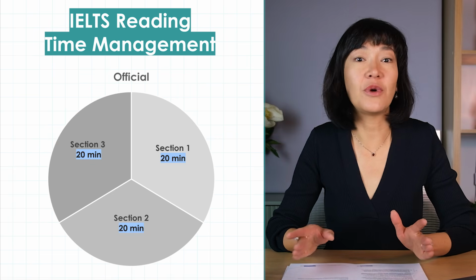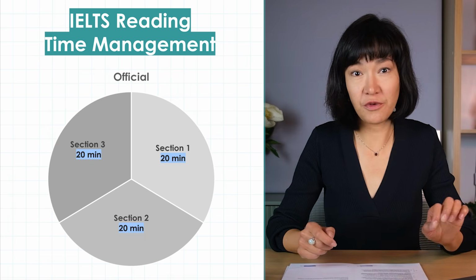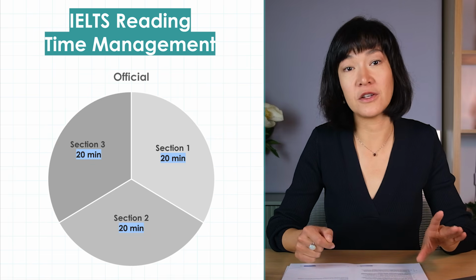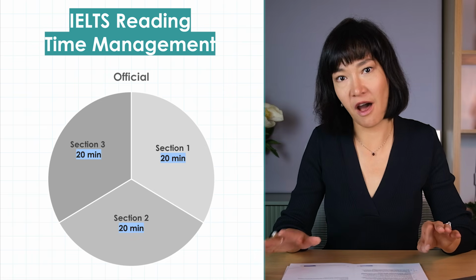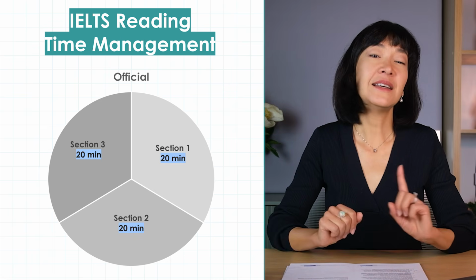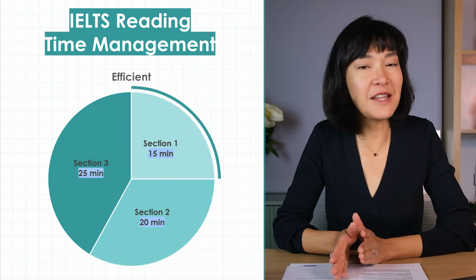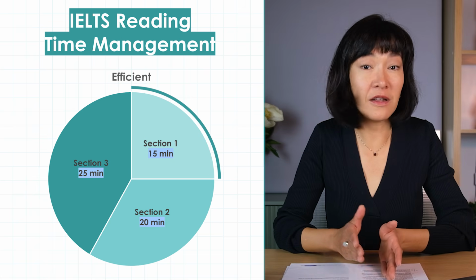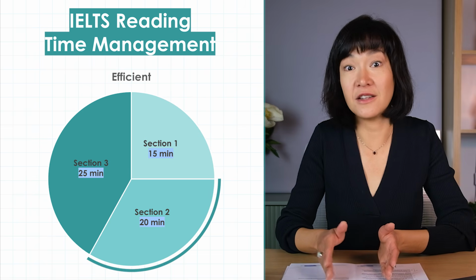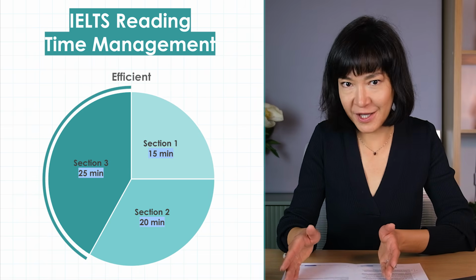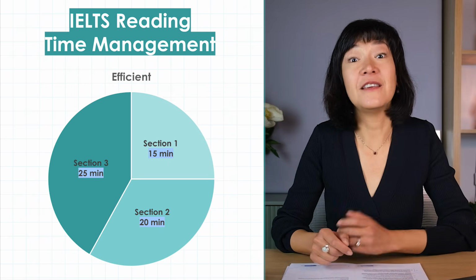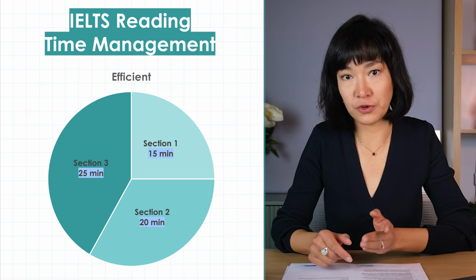So giving each one 20 minutes means you're spending too much time on the easier part and then rushing through the hardest part. See if you could spend 15 minutes on section 1, 20 on section 2, and then 25 on section 3. I call it the 15-20-25 rule.